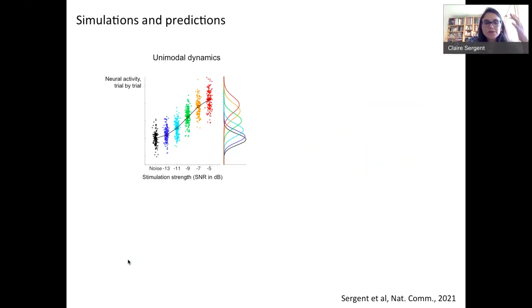So for unimodal dynamics, you can imagine that activations will increase with increasing stimulation, and that activity across trials will just group around one mean. So the distribution of activations across trials will follow unimodal dynamics. That's, I guess, very familiar to you.